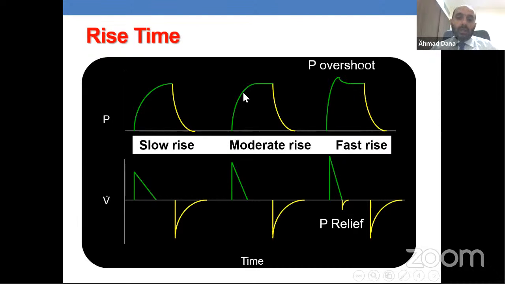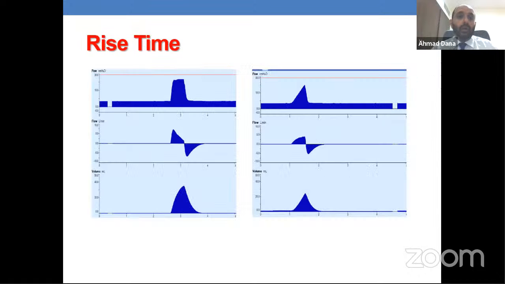So the best thing is to select a moderate rise time that will give good time for the I time, and at the same time will not cause a fast rise that injures the lungs. So this is the proper rise time, because it goes up smoothly and gives good time for the inspiration. But here, if there is no good time for inspiration, it will not have time to complete it.